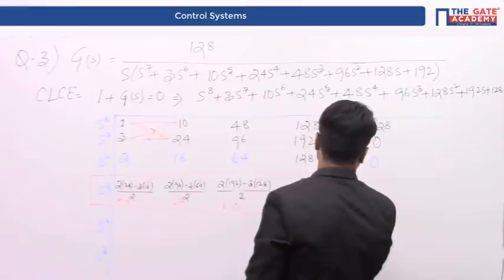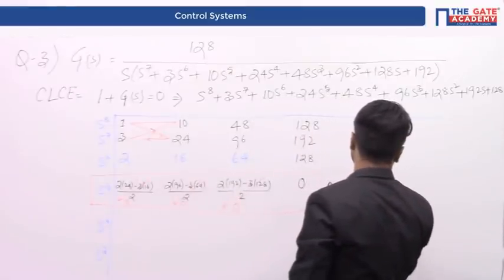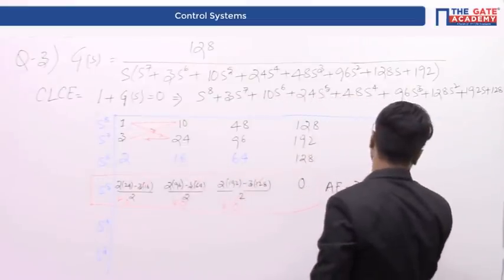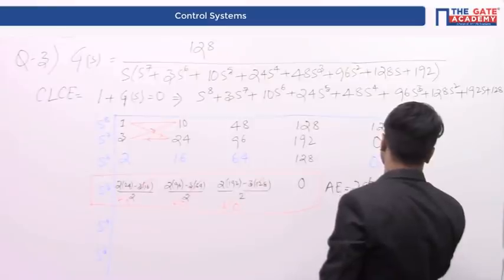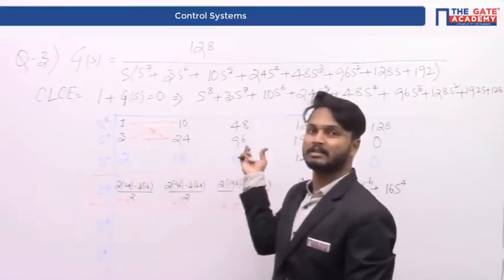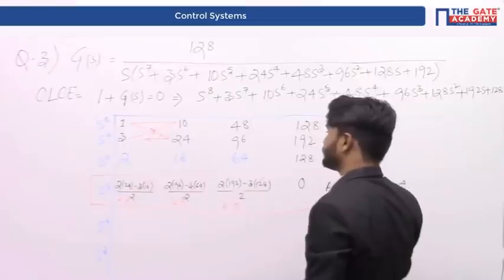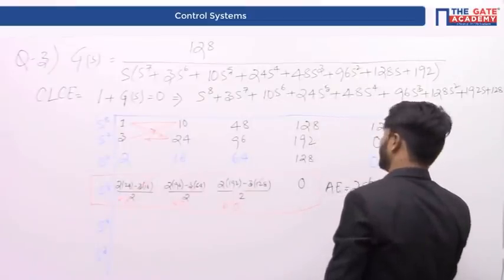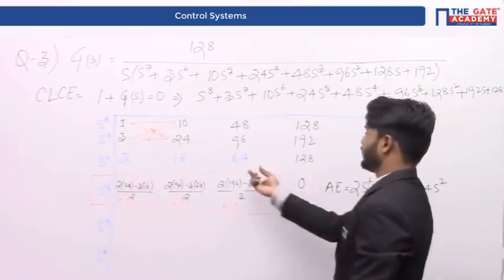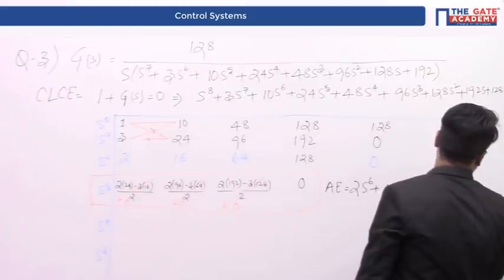You can write the auxiliary equation to be 2s power 6 plus 16s power 4, because from the s power 6 row these are the coefficients of the alternate s terms. Therefore 2s power 6, the next is 16s power 4, the next is 64s square, and the next is 128, equal to 0.